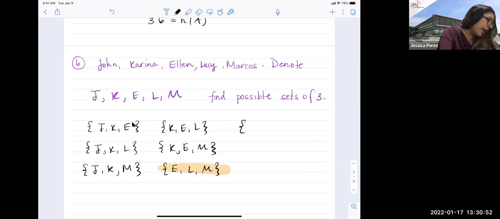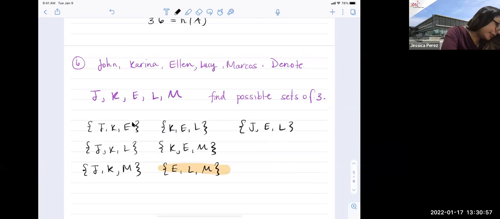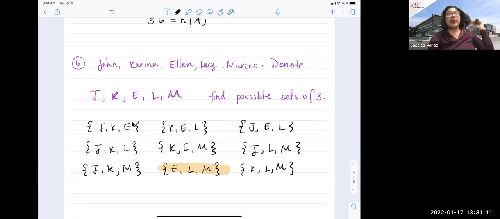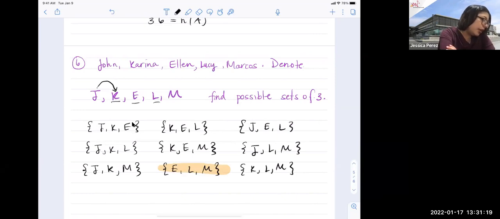And then you can have J, E, L, J, L, M, and then the next one, K, L, M. And then there it is. So you have to count which ones. So you can match the first J with 1, 2, 3, then the first J with E, L, M, and so on and so forth. So you're doing a combination of these sets. So that's the way that you should be attempting this problem.